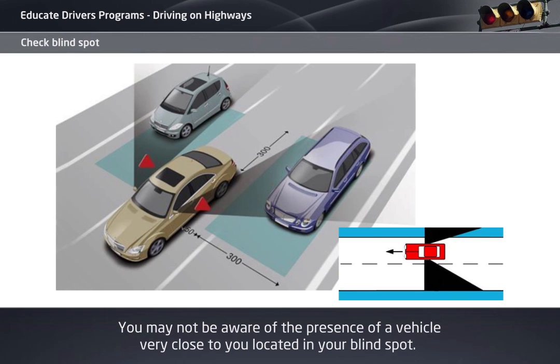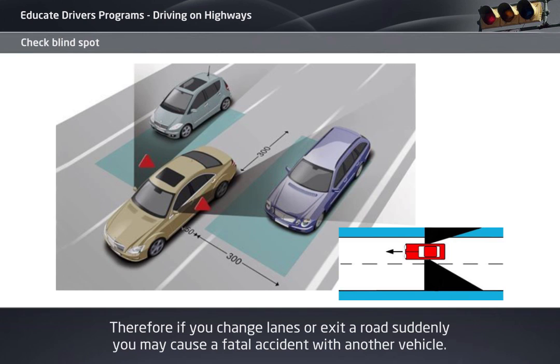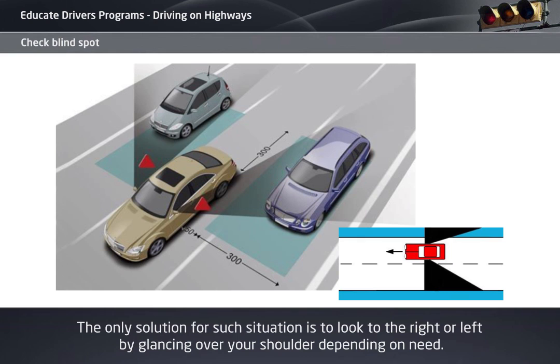You may not be aware of the presence of a vehicle very close to you, located in your blind spot. Therefore, if you change lanes or exit a road suddenly, you may cause a fatal accident with another vehicle. The only solution for such a situation is to look to the right or left by glancing over your shoulder, depending on need.